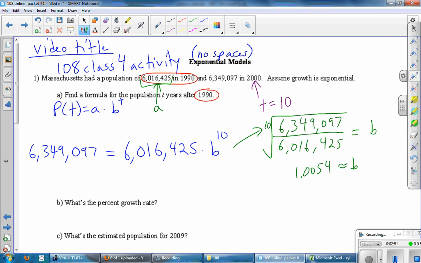And then our formula is therefore p of t equals, so it's the 6 million and change number times this 1.0054 raised to the t. That's our formula.